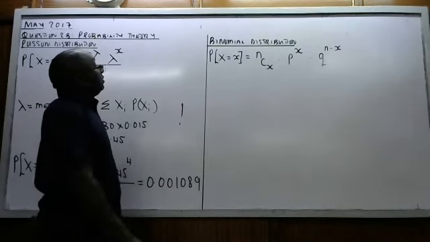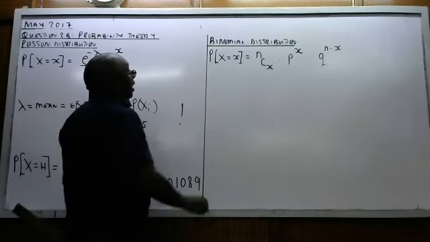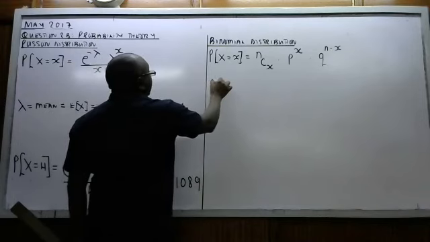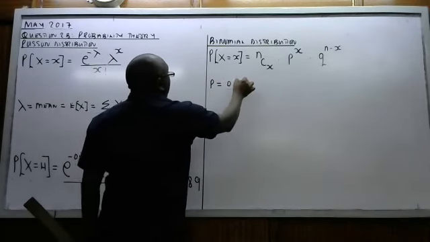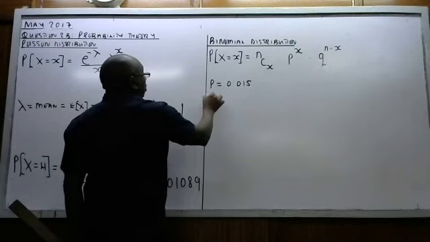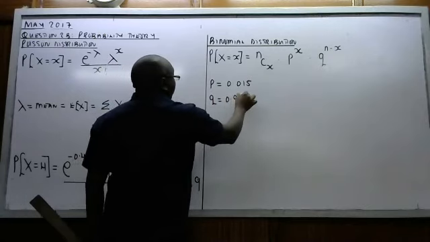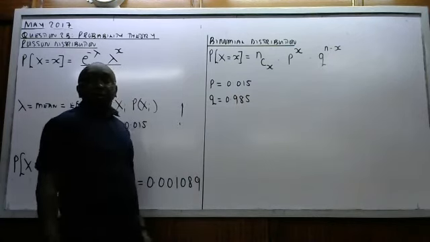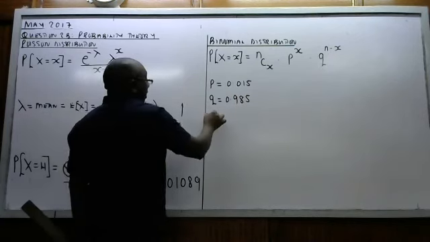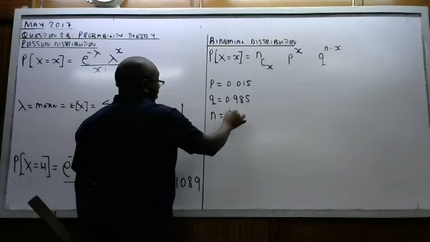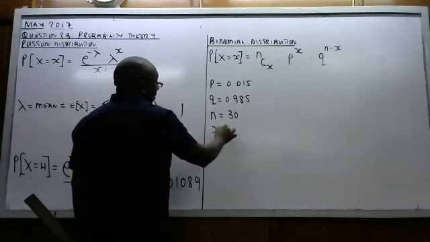So for the interest of time, p, that is the success, is 0.015. q is 0.985 because they must add to 1. n is 30 machines and x is 4.